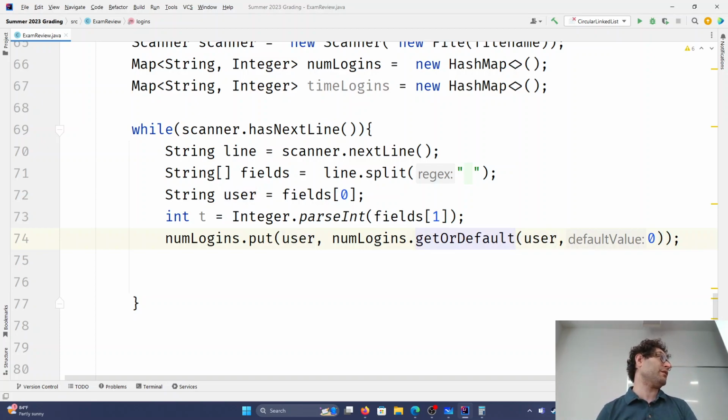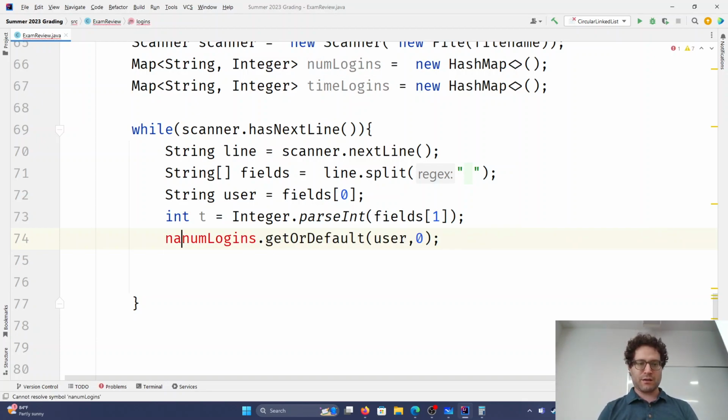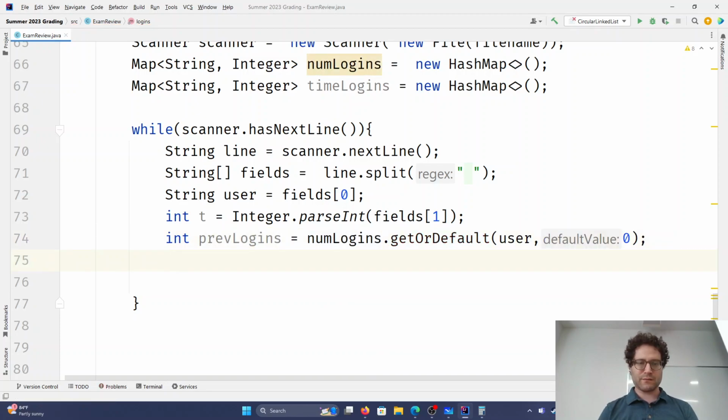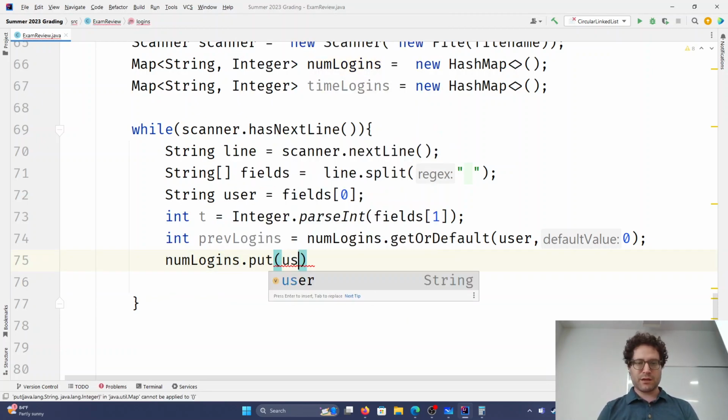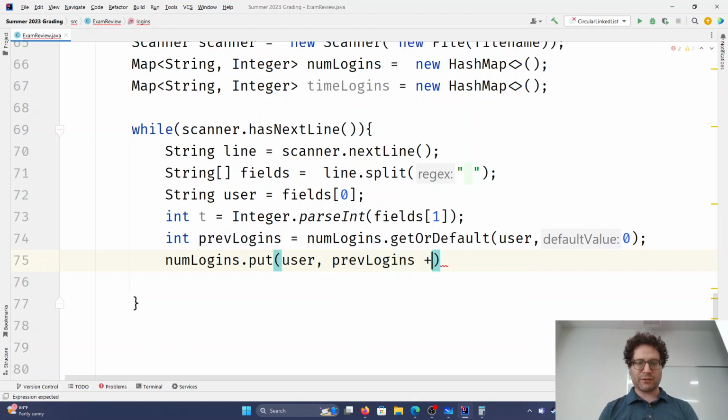I just split up an operation that normally takes 2 lines into 1, but let's go ahead and do that in 1. int prevLogins is equal to that. I didn't finish writing it. I needed to add a +1. So numLogins.put user, prevLogins + 1.